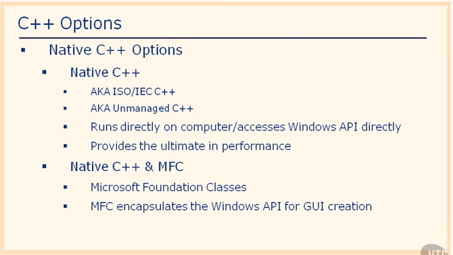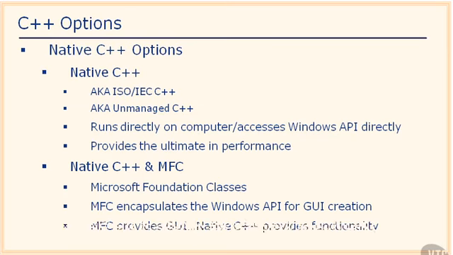So this is a way to write the code behind the graphics in native C++, so it's going to run really quickly. But all of your forms and so forth, the Windows API, are accessed, and you get your graphical user interface creation. So MFC provides the graphical layout for you, and native C++ provides the functionality.